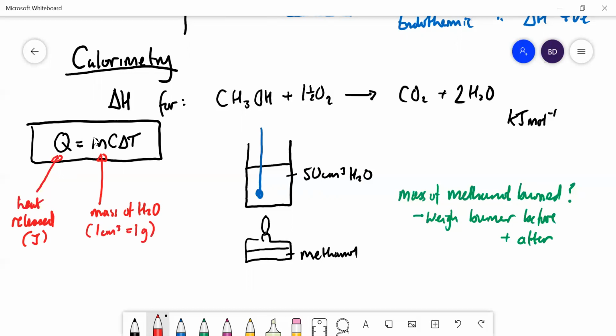Delta T is the temperature change, in degrees C. And C, if you remember from physics last year, is the specific heat capacity of water.